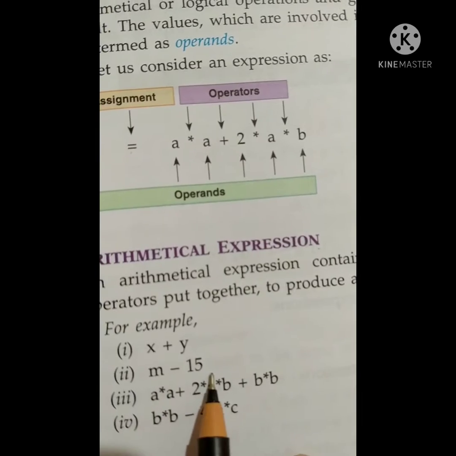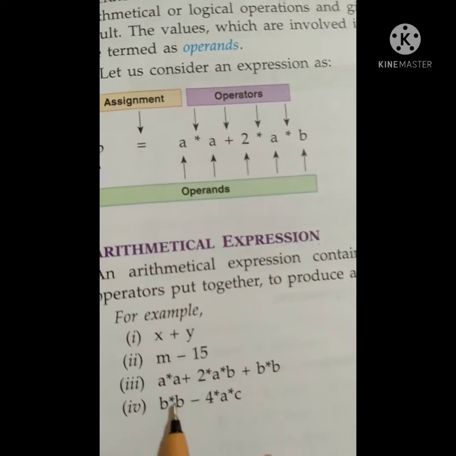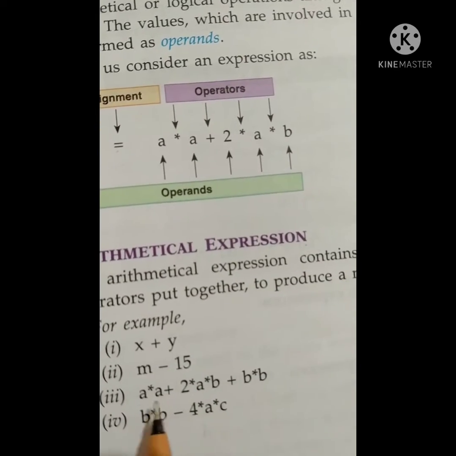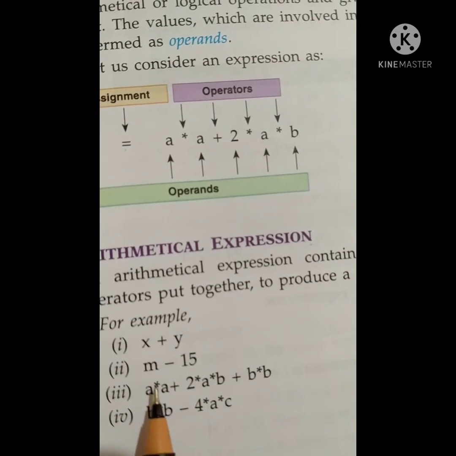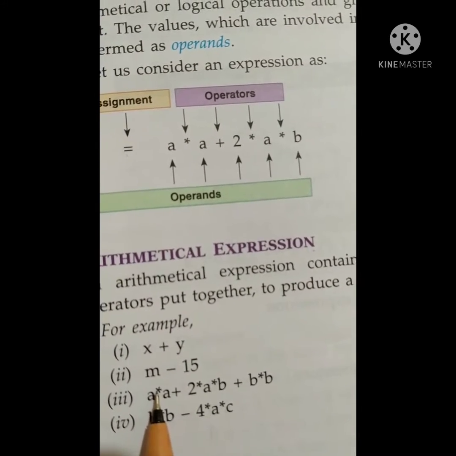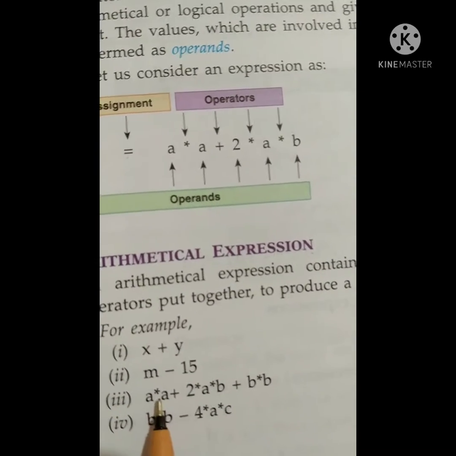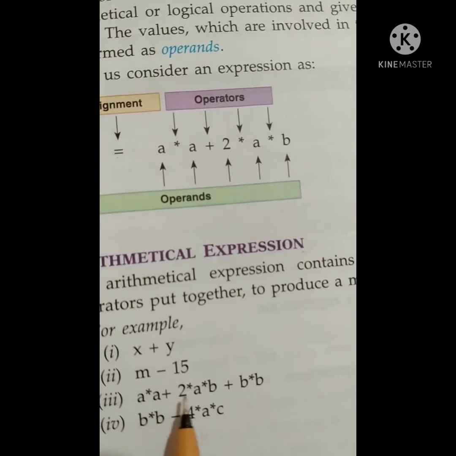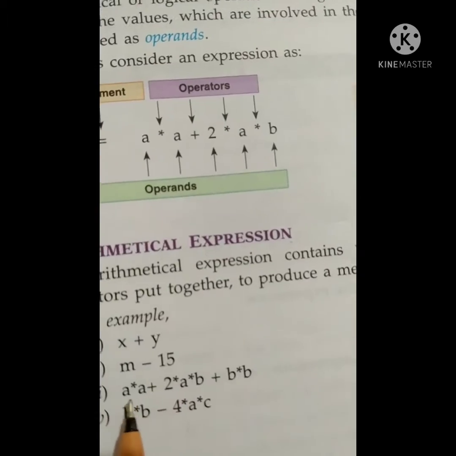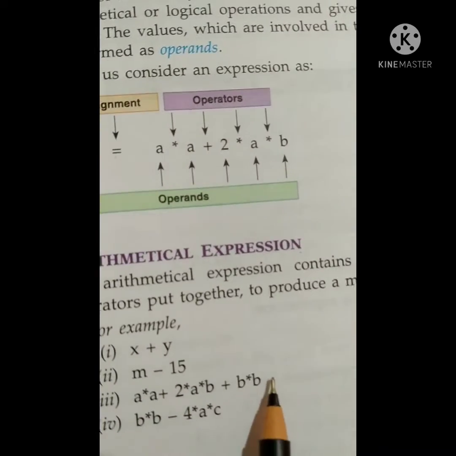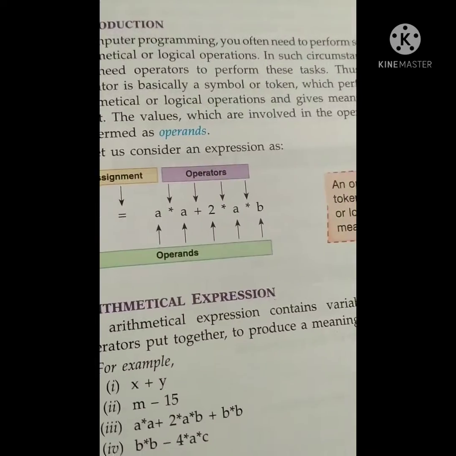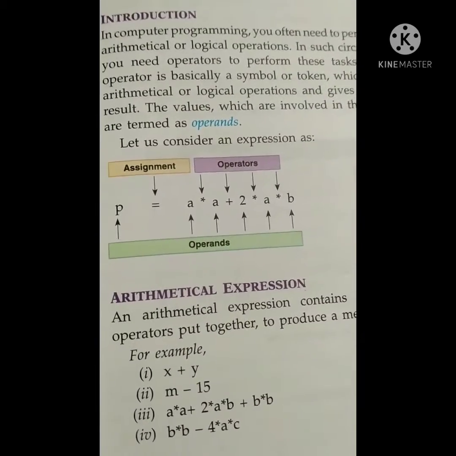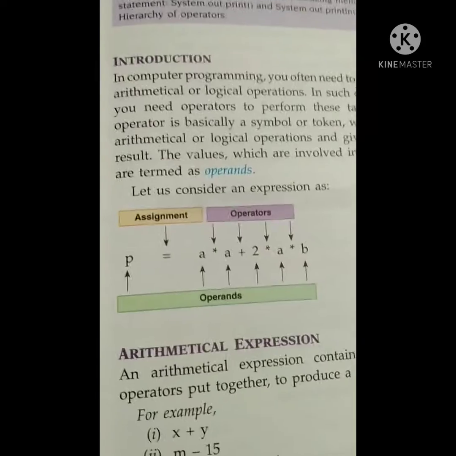These all three things are involved here. So this is an expression. A into B plus 2: A is a variable, you can say operand also, asterisk is an operator, plus is an operator, 2 is a constant. So all these things are involved here. This is also called an expression, okay. So various types of expressions we use in Java programming to solve our real life problems, okay.